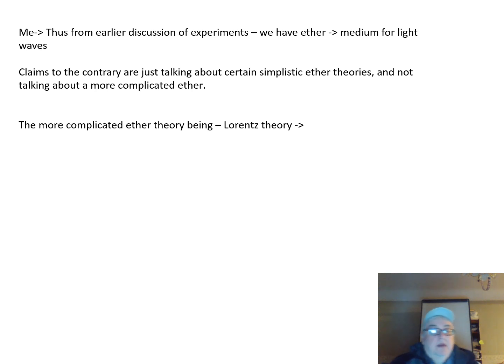So from the earlier discussion of experiments, we have an ether, and that's a medium for light waves. Claims to the contrary are just talking about certain simplistic ether theories and not talking about the more complicated ether. And the more complicated ether theory would be Lorentz theory.